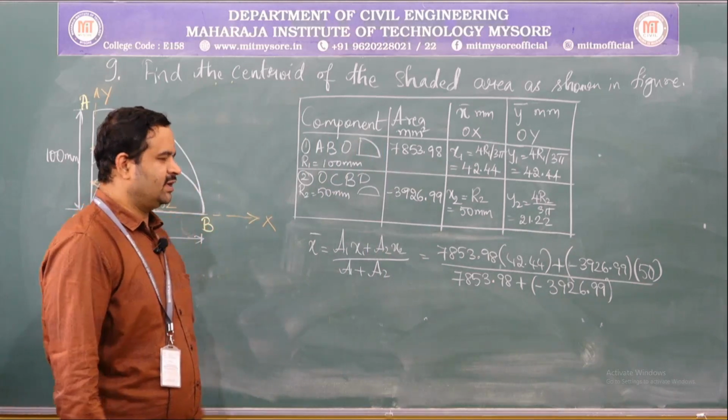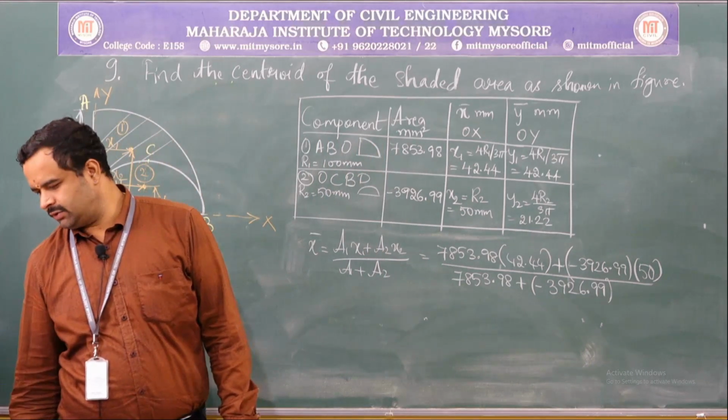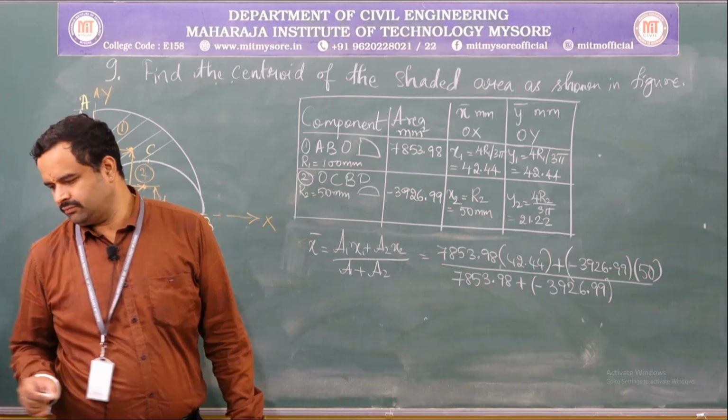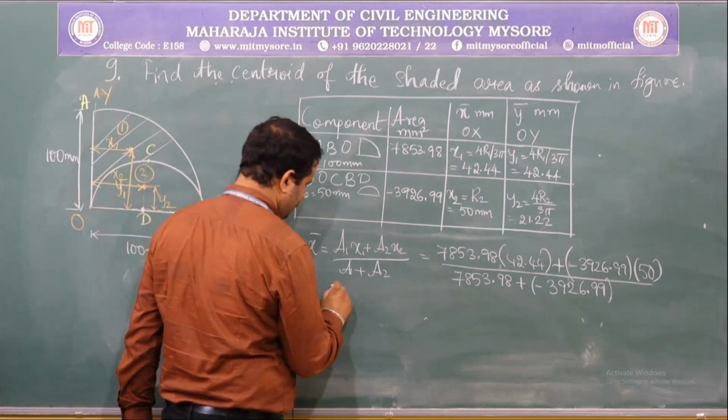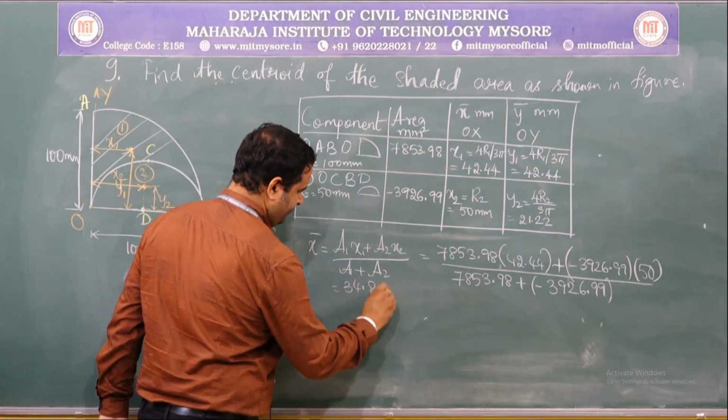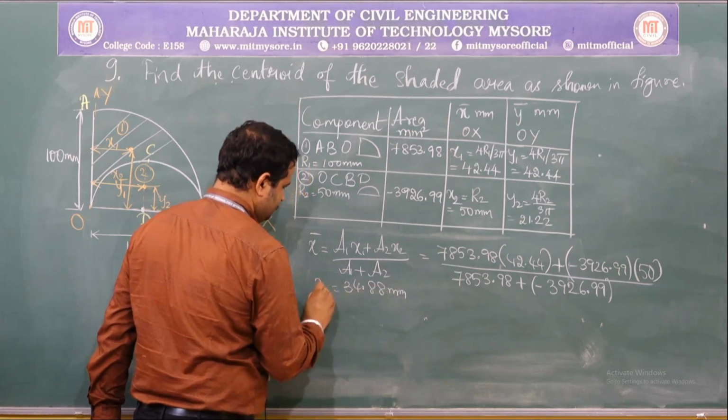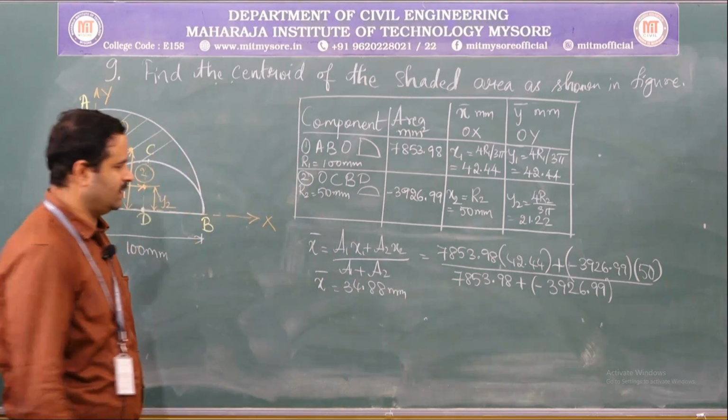So after substituting and calculating the x bar value, you are going to get it as 34.88 mm. This is x bar.